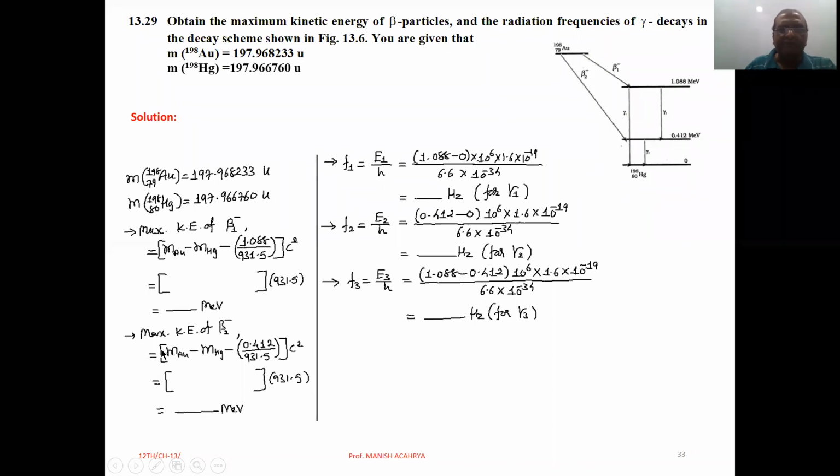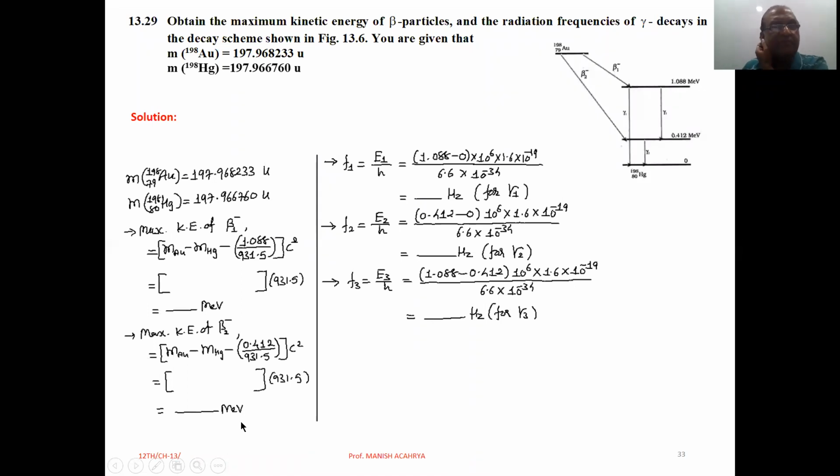So it is the mass of Au minus the mass of Hg minus the mass of beta 2 minus, that is energy 0.412 upon 931.5 into c square. So substitute the masses as they are, directly multiply by 931.5, and you will get the energy in terms of MeV.